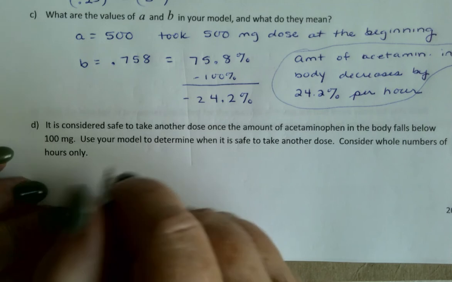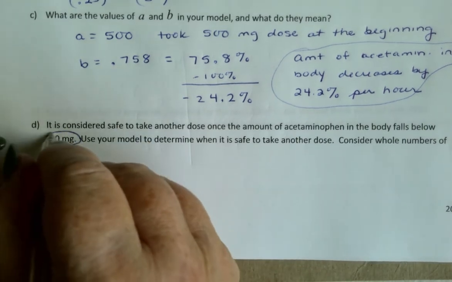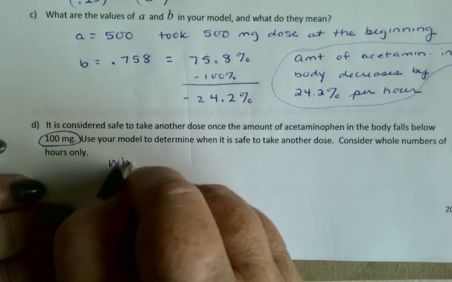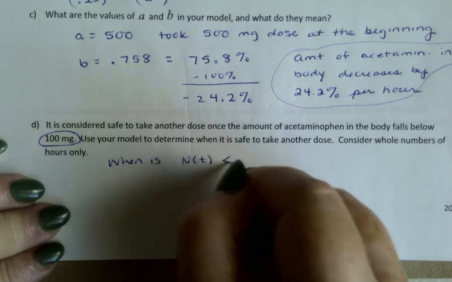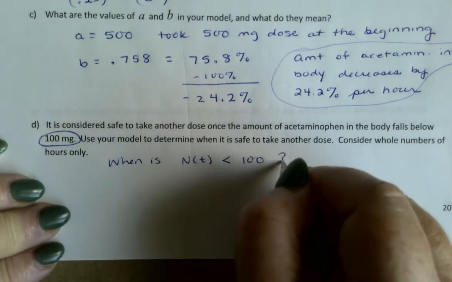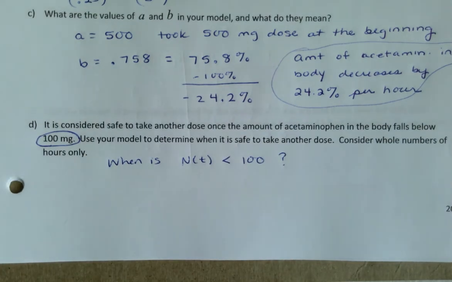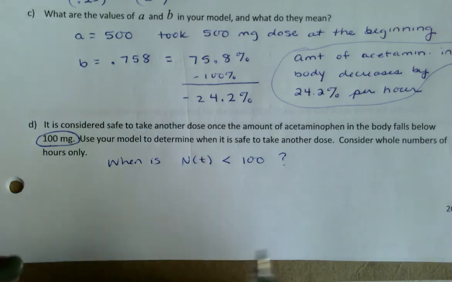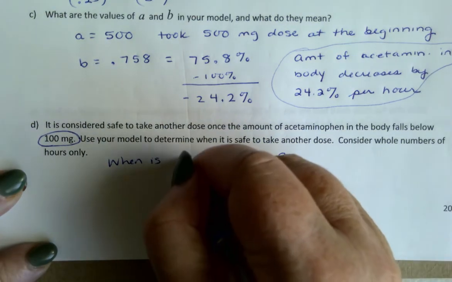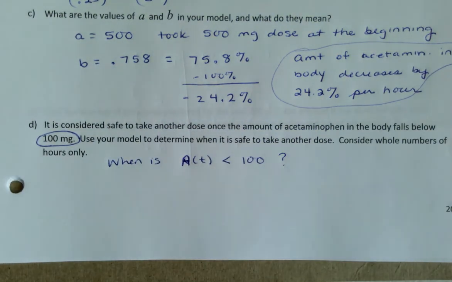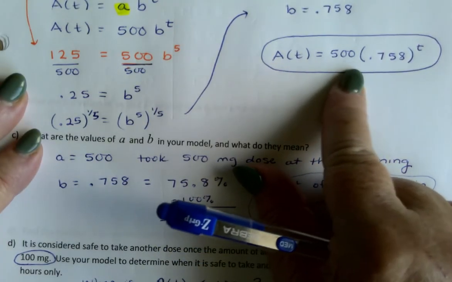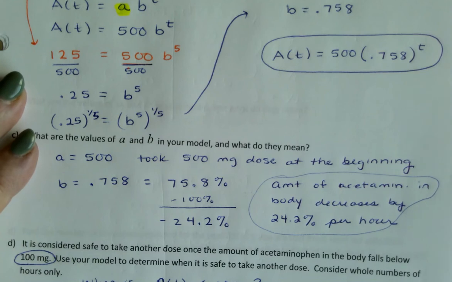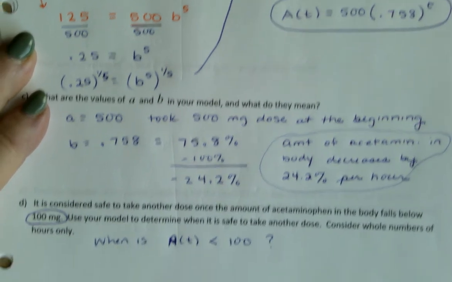I'm going to say, I want to know when is A of t less than 100. And I am going to use Desmos to help me solve this. I was using A, not N. So I'm going to go ahead and put my A of t into Desmos, and we're going to see if we can figure out when it falls below 100.